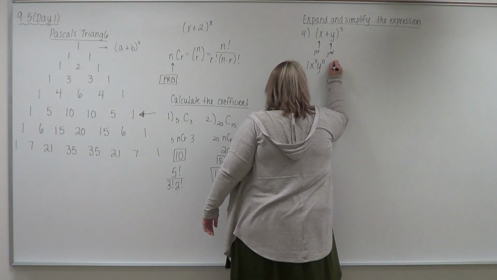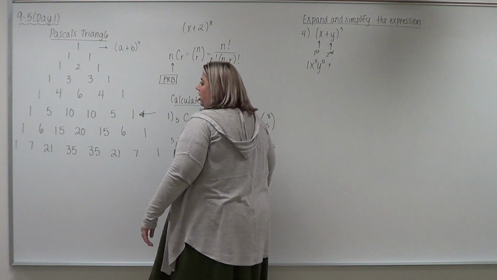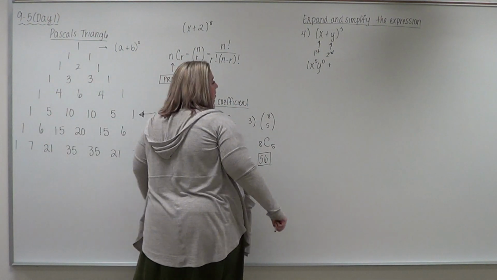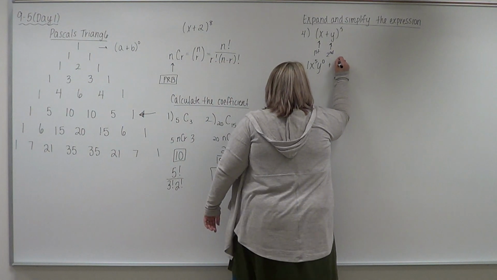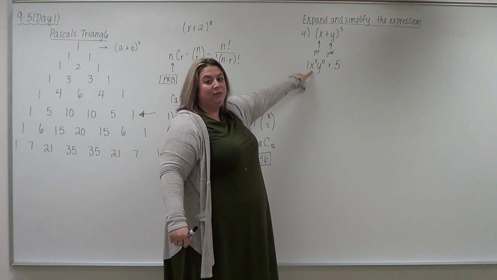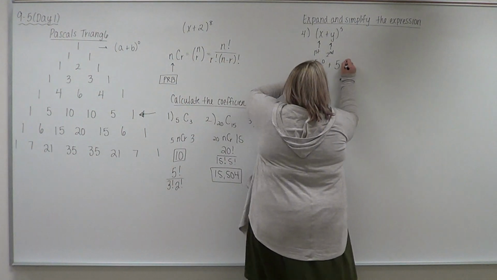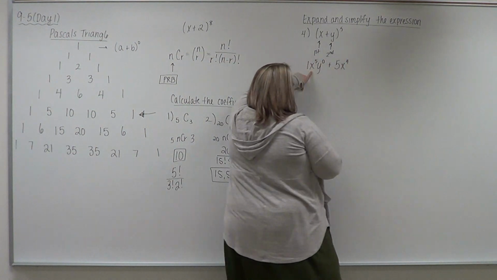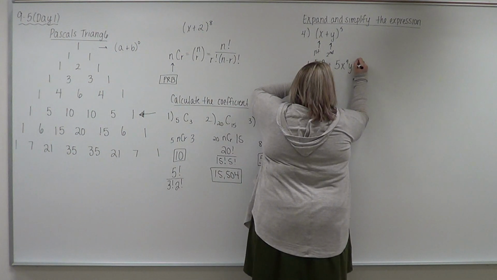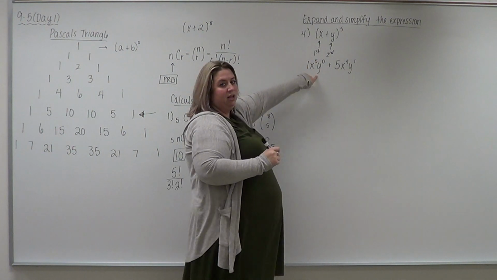So then I'll go plus. Then I find my next coefficient. I already used 1, so my next coefficient would be 5. Then I take my first term down a power, so this becomes x to the 4th. And then I take my second term, y, up a power, so that would be y to the 1st.